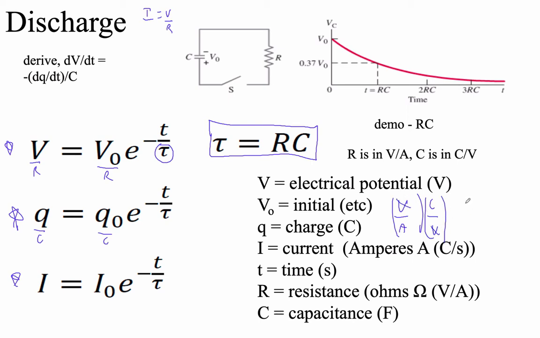We'll end up with coulombs per amp, right? Well, an ampere is also coulombs per second. So coulombs over coulombs per second is just seconds, right? So literally this time constant is in seconds. Okay, that's the R times C is in seconds.